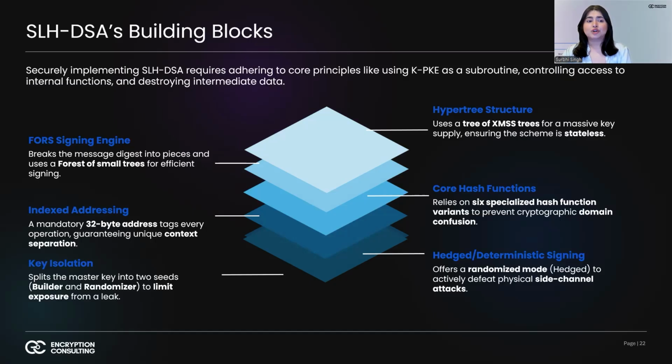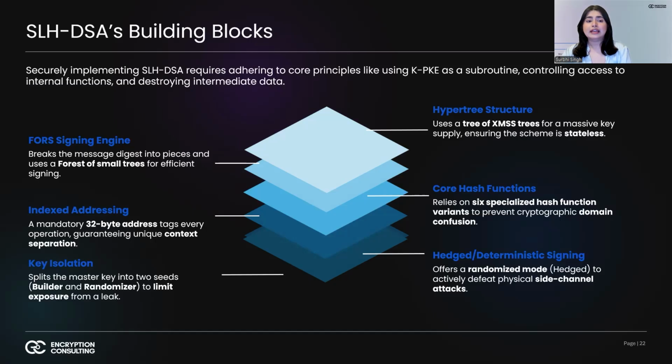Every single hash operation within the entire hypertree must be accompanied by a unique 32-byte address, or ADRS, which acts as a context identifier. The ADRS is a structured data containing coordinates: the hypertree layer, the specific tree's identity, and the height and index of the node being computed.